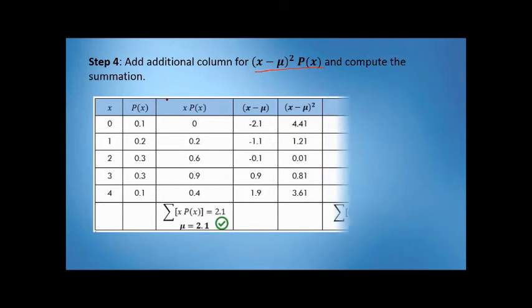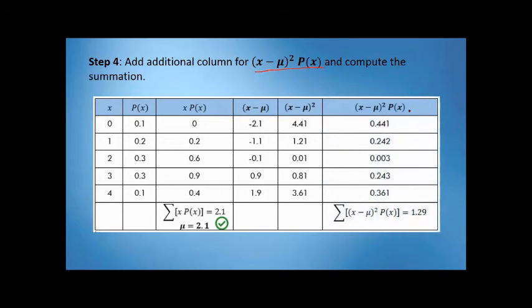We multiply the x minus mu squared column by the p of x column.